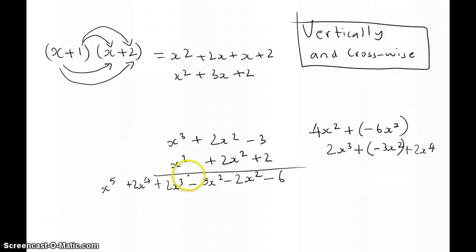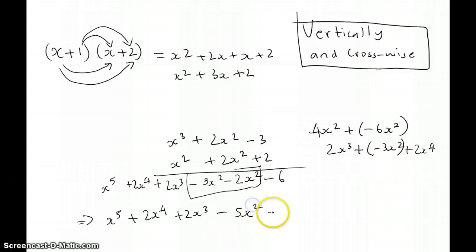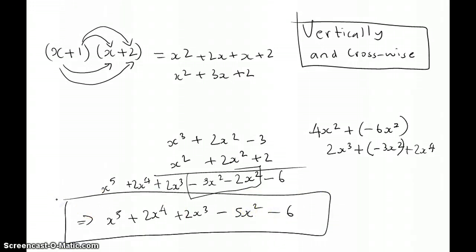So we got our answer, but let's just simplify this at the end, and we finally get it as x to the power of 5 plus 2x to the power of 4 plus 2x to the power of 3 minus 5x squared minus 6. There we have it. Quite simply, we've covered this algebraic multiplication.